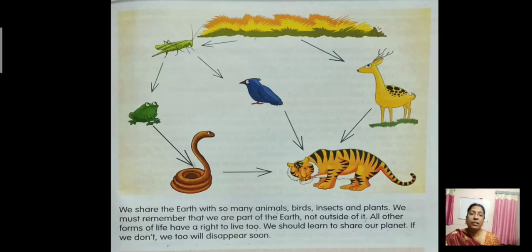So when the tigers are killed, or when the tigers disappear, then the number of prey animals, that is deer and wild boar, increase. So when they increase, they eat away the greenery in the jungle.